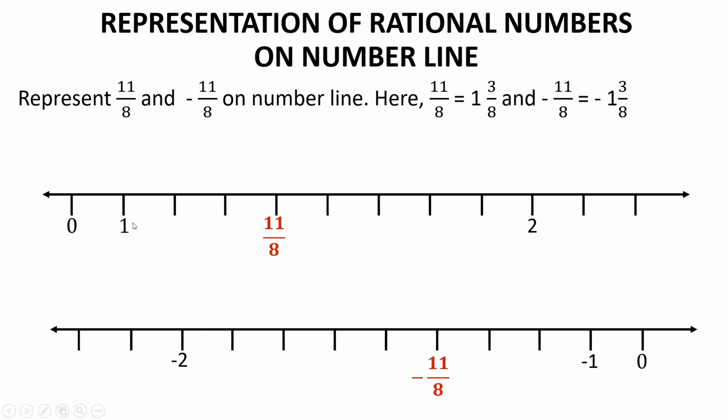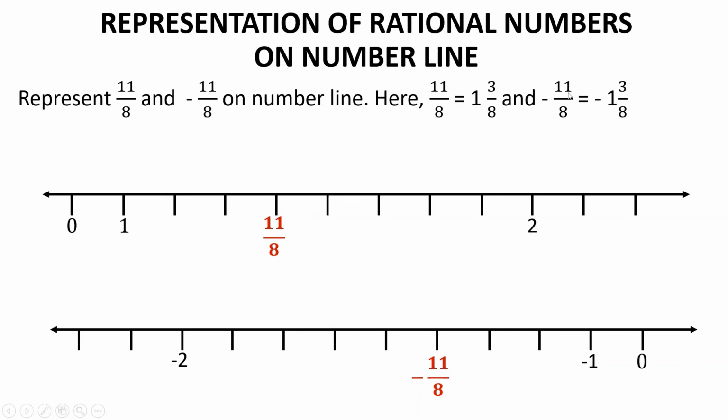Now 1 I have already over here. So beyond 1, I have to represent 3 upon 8. So obviously 3 upon 8 will be on the third mark after 1. So first, second and third. So this mark is representing one integer 3 upon 8 or 11 upon 8.